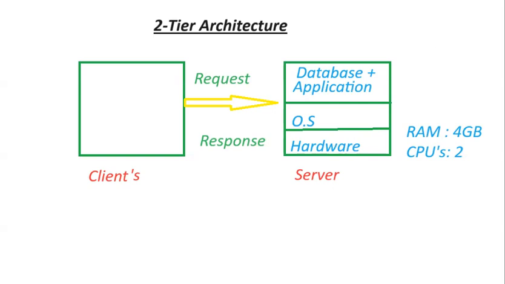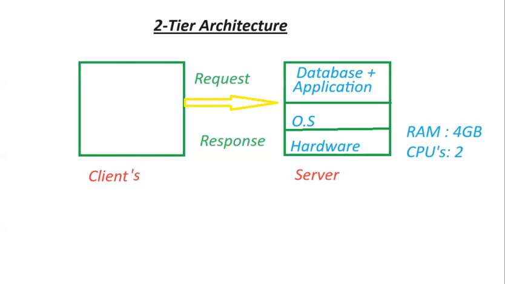So now let us have a question. Since it is unable to respond to clients, is it good to host? Is it good to use for production environment? No, right? Because it is unable to process multiple clients' requests.